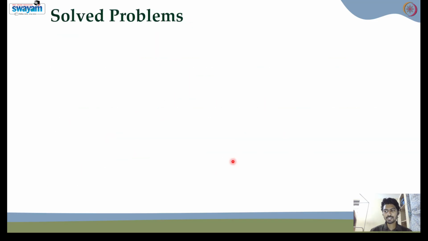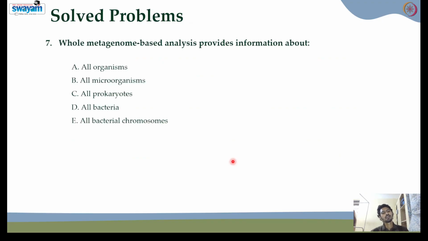Now we will see the next question, which is: whole metagenome based analysis provides information about all organisms, all microorganisms, all prokaryotes, all bacteria, or all bacterial chromosomes. Whole metagenome based analysis provides information about what? Whether it gives information about all the organisms, or only microorganisms, or only prokaryotes, or only bacteria, or only bacterial chromosomes. You can post your answers.